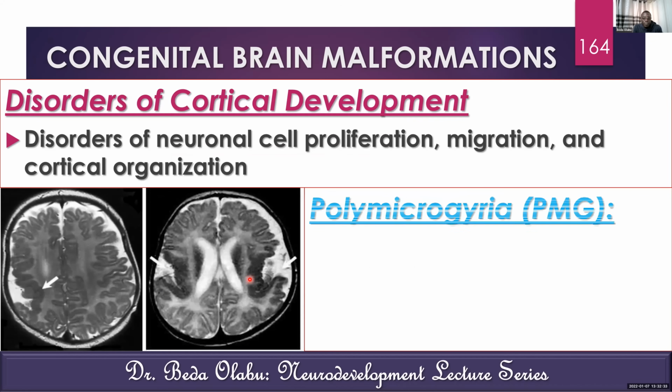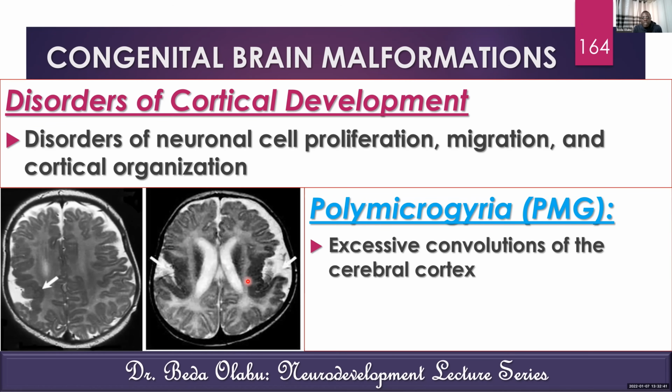Another one, which we call polymicrogyria, PMG. As the name suggests, in polymicrogyria, we have excessive convolutions of the cerebral cortex. And usually these convolutions are tiny.